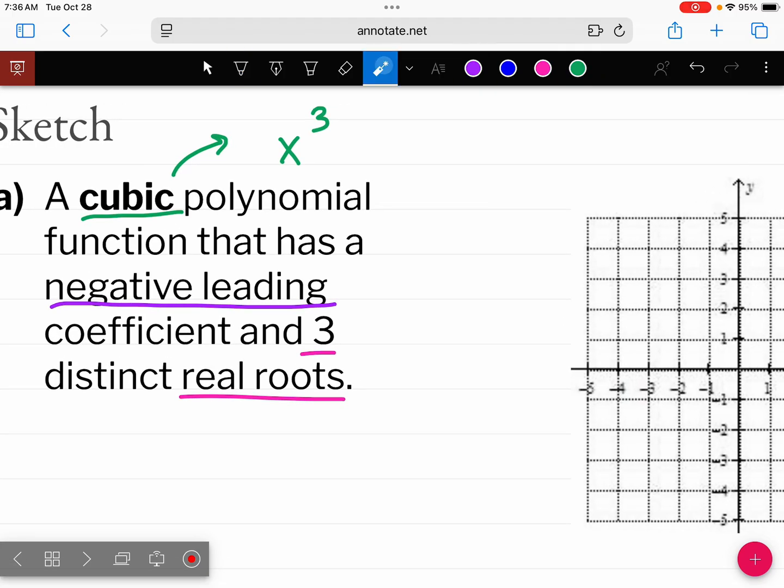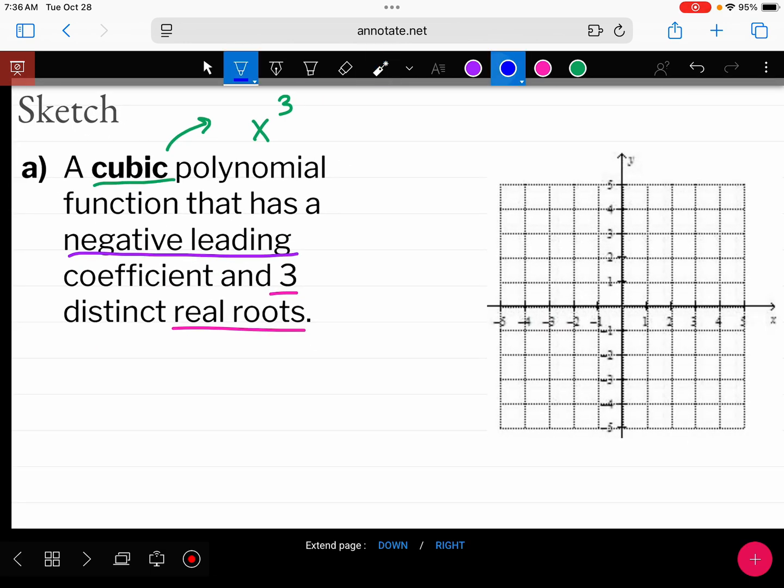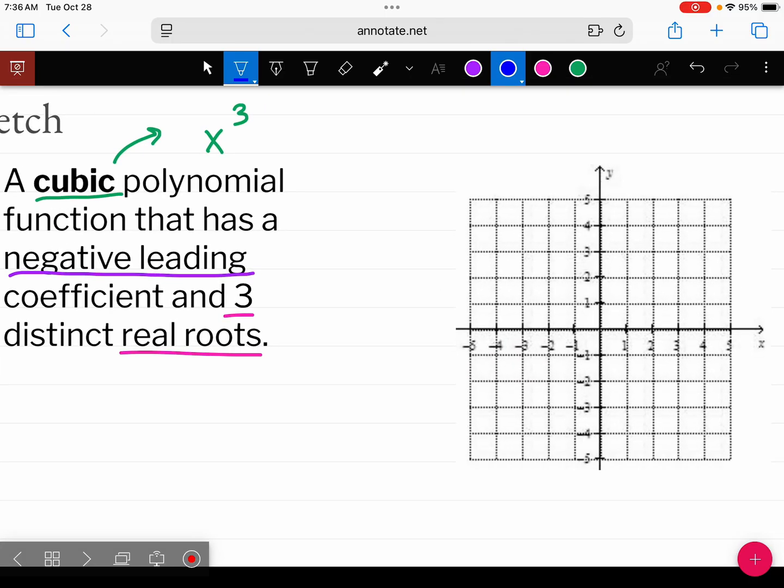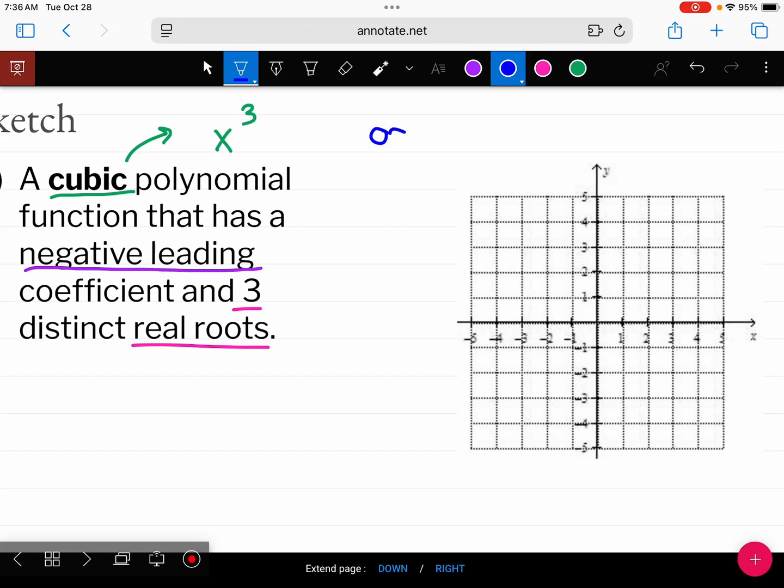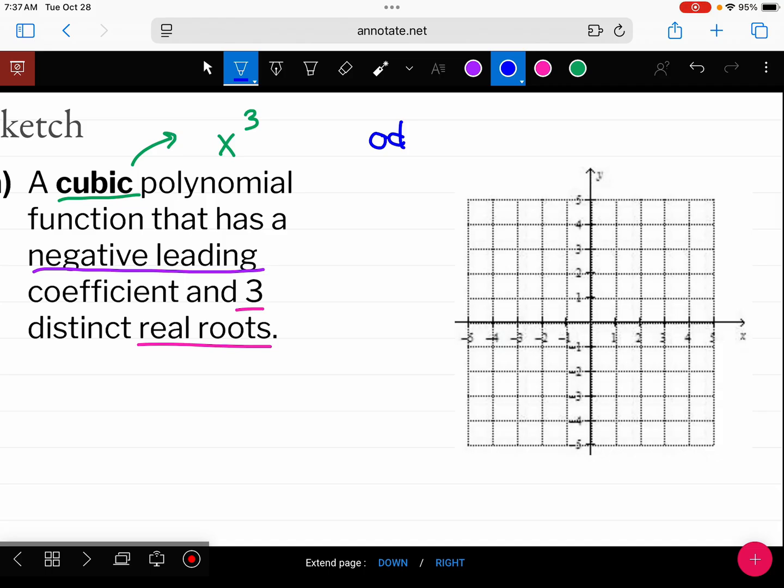So if we know we have a cubic polynomial with a negative leading coefficient, how does that help me with a sketch? This is going to be an odd function. So we have opposite arrows. And which way is the right arrow going to go?